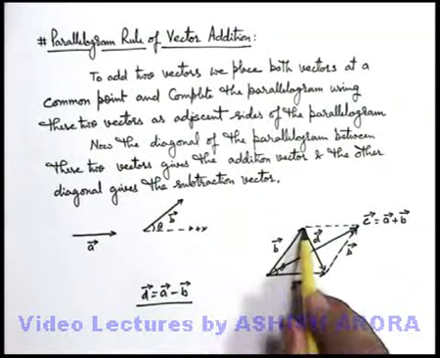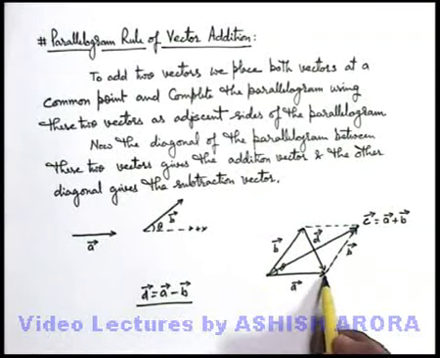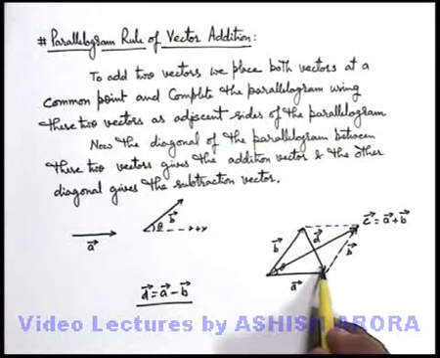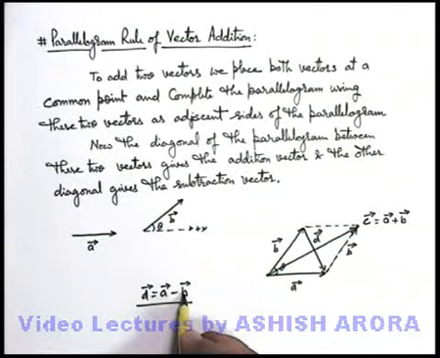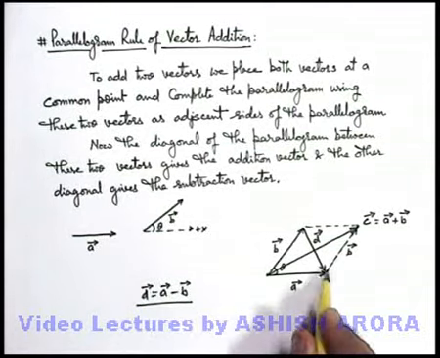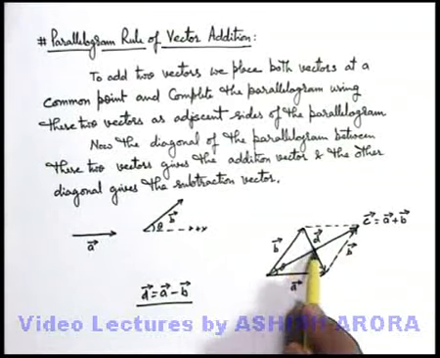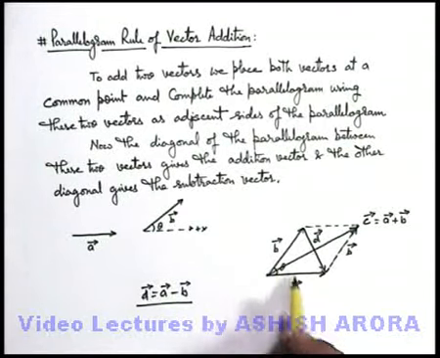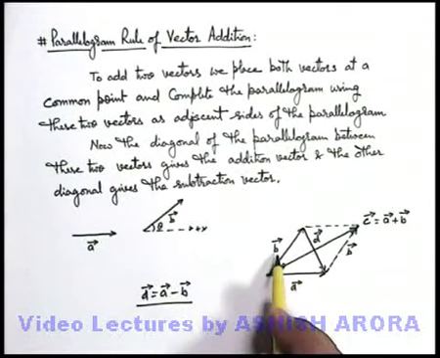Here in this triangle, you can see vector B plus vector D is giving us vector A. Here vector A is the resultant of vector B plus vector D. If you take this B vector on the left-hand side, you are getting the same situation. So this is also verified that the other diagonal of this parallelogram, drawn from one vector to another vector, gives us the subtraction of these two vectors, that is A vector minus B vector.